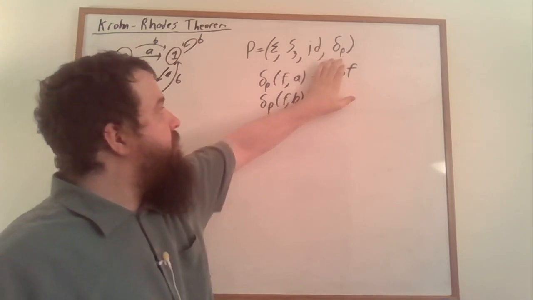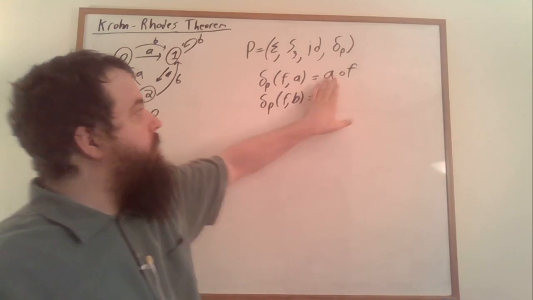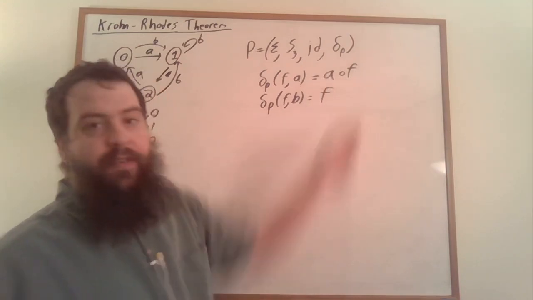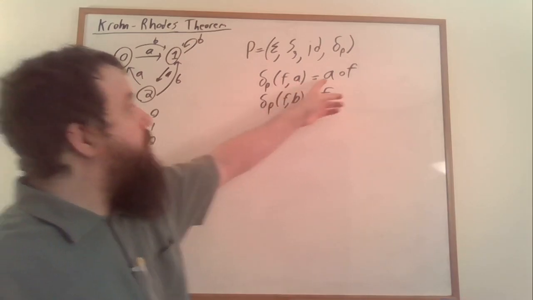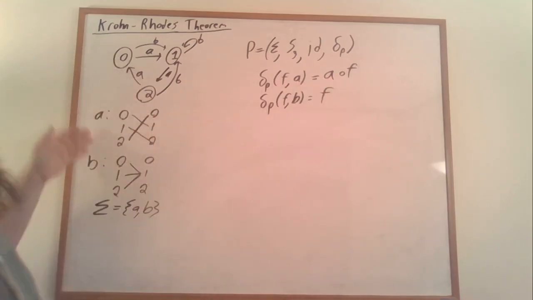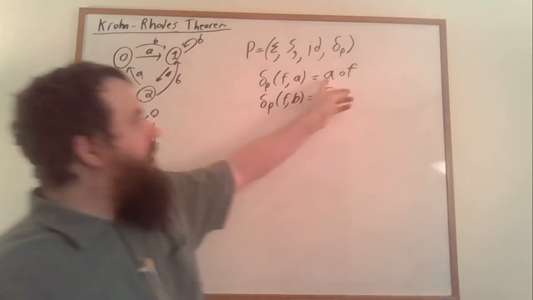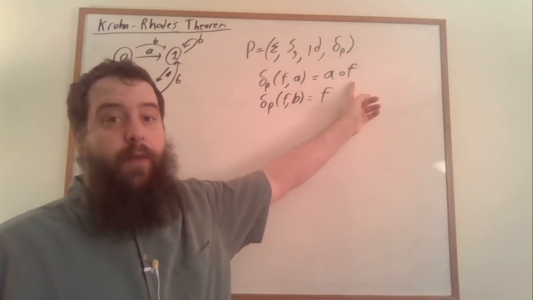The transition function, if it sees an A, it precomposes A with F. That is to say that if we see an A, we apply, A is a function, right? A is this function here. We apply this function to the permutations that we've seen already.